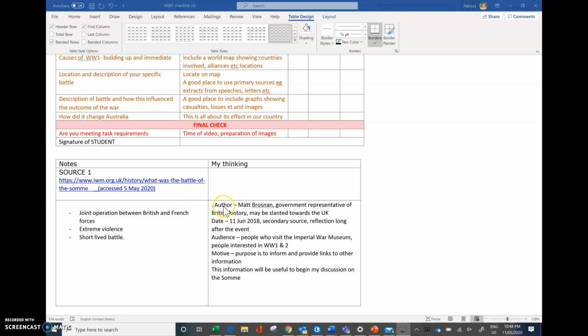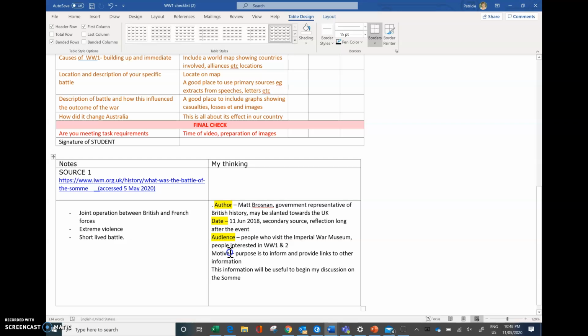ADAM is author. Date. So author, who wrote it. Date, when it was written. Audience, who are the people that are going to read it, and M for motive.